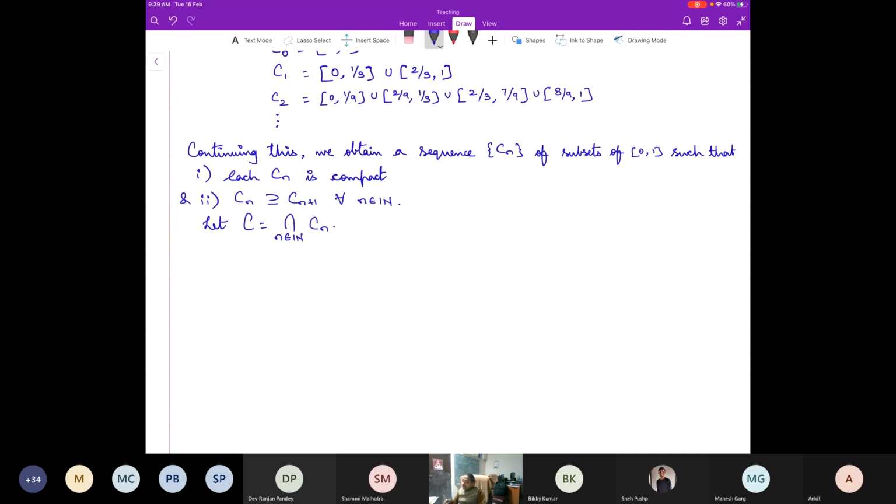How do you know that this is non-empty? This is the way you construct the Cantor set, right? But how do you know that this is non-empty? Cantor's intersection theorem.